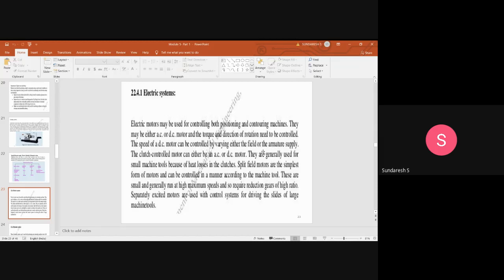Split field motors are the simplest form of motors and can be controlled in a similar manner according to the machine tool. The motor field has been split, and they are the very simplest form.